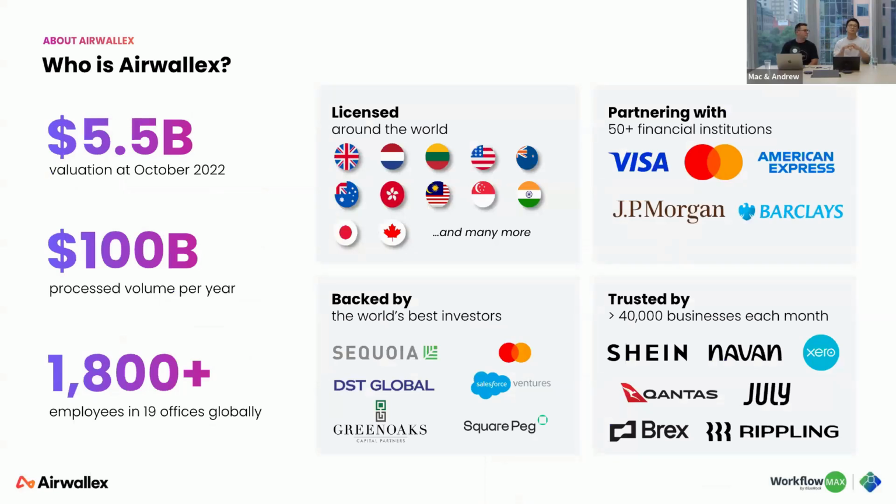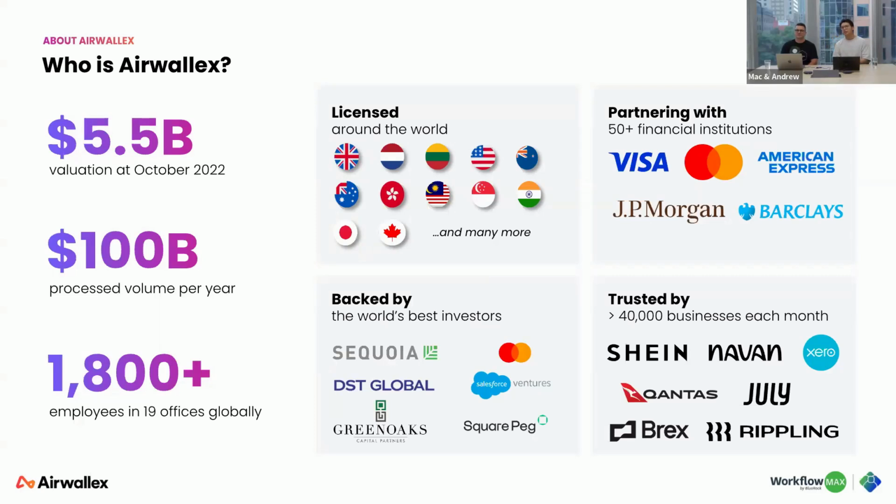Now, before I get into what we actually do, I thought I'd give a bit more background, some stats and some logos to help illustrate us as a business. We were founded in 2015, right here in Melbourne, Australia. Since then, we've grown to a $5 billion valuation company. Just in September, we crossed the $100 billion mark in terms of processed volume, on an annualized scale, which we're super proud of. We have about 1,800 employees in 19 offices globally.